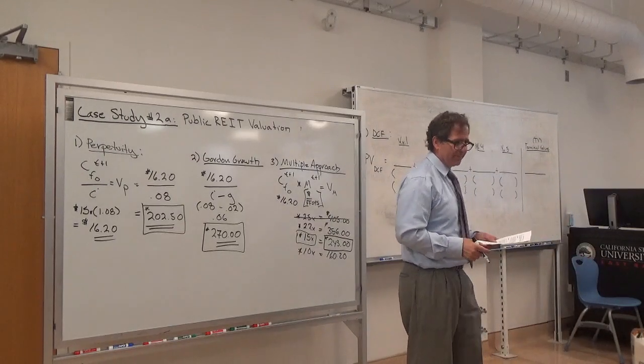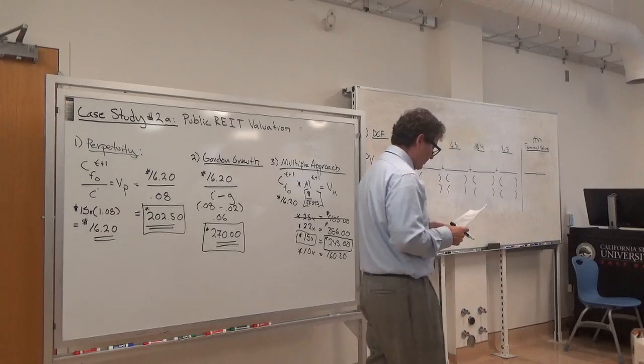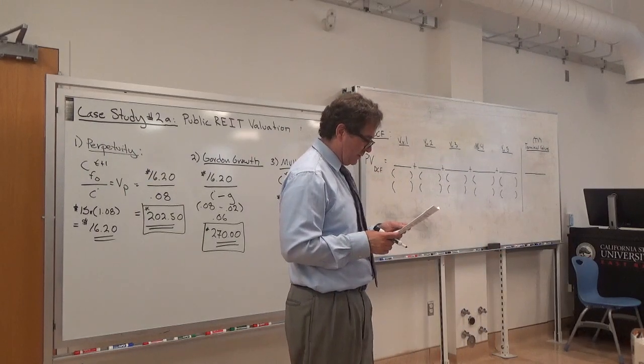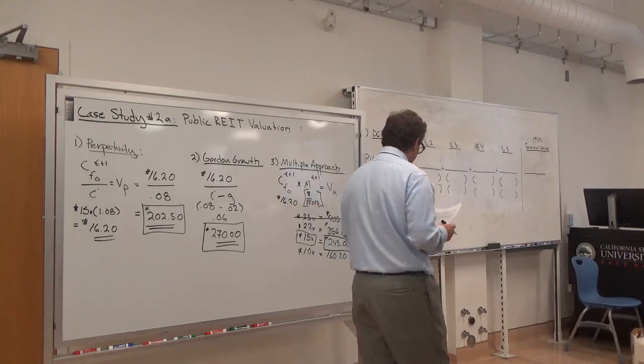What's our discount rate? What are we using to discount the cash flows? 8%. Awesome.